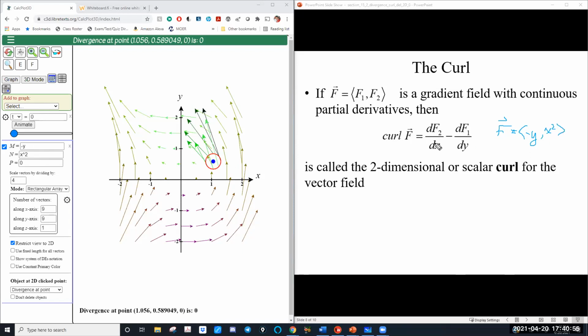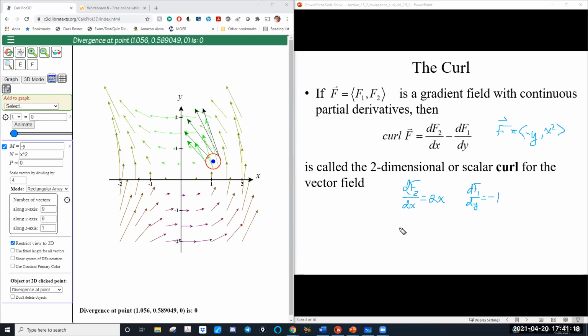So if we wanted to calculate the curl, we would do df2, which is the second component, dx, which is the derivative of x squared with respect to x, so 2x, and the derivative of f1 with respect to y would be negative 1.